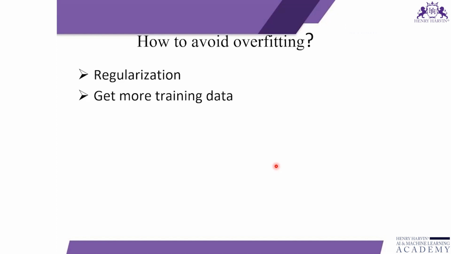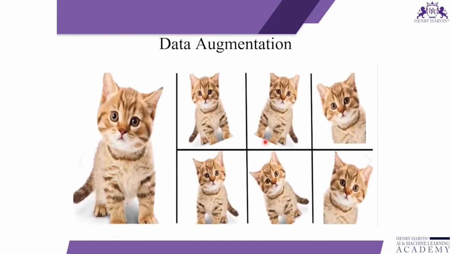So now what is this get more training data? We should have a deeper understanding of how to avoid overfitting by getting more training data. Clear? So this is what we are going to see. Why did I pause over here? Because this is really important to understand, right?